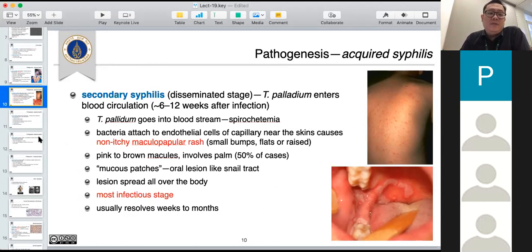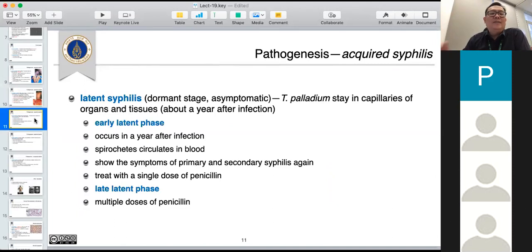That is secondary syphilis. Once they pass secondary syphilis without treatment, it probably goes to the next phase called latent syphilis. Latent syphilis refers to the state where the bacteria are dormant inside the patient, and mostly they are asymptomatic.